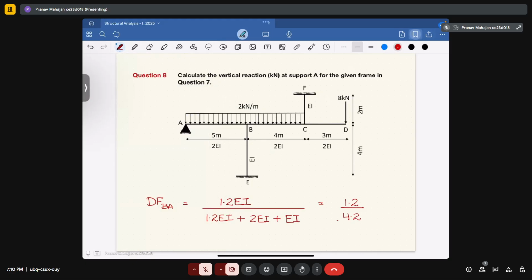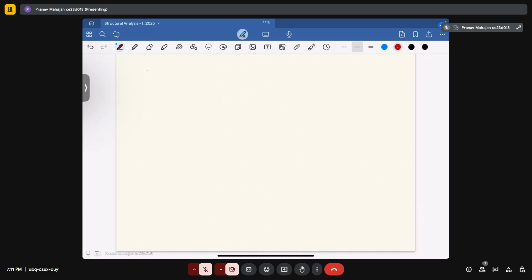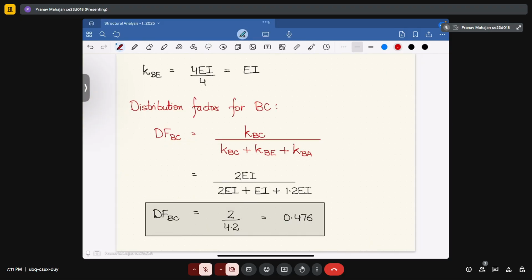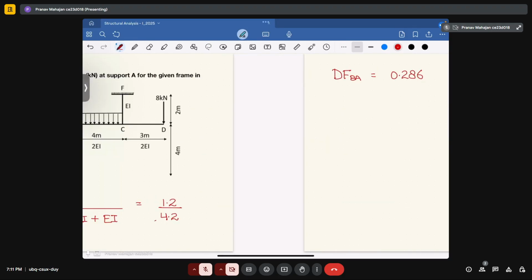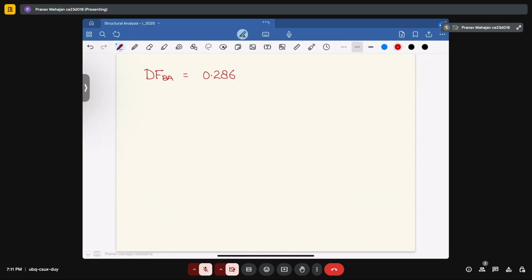So by this you will get the distribution factor of BA to be 0.286. So earlier we got 0.476, and now we got 0.286.